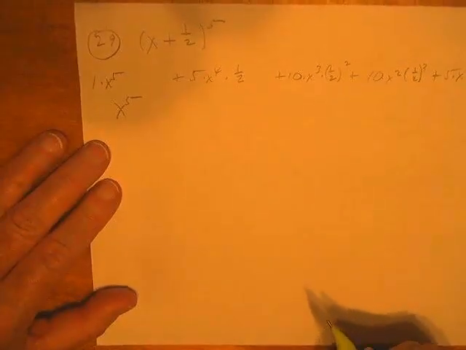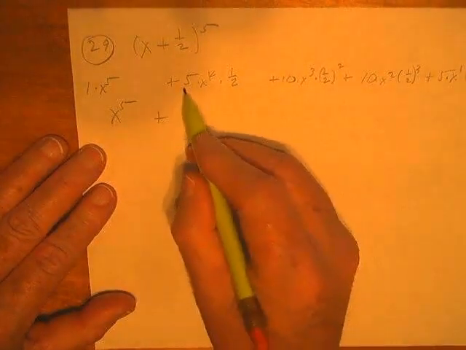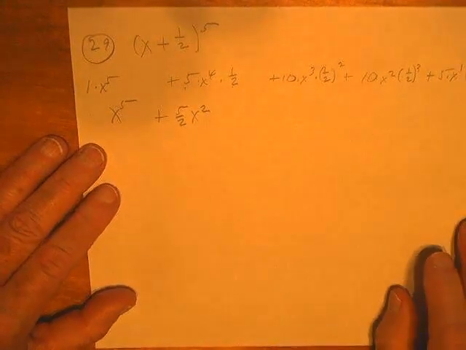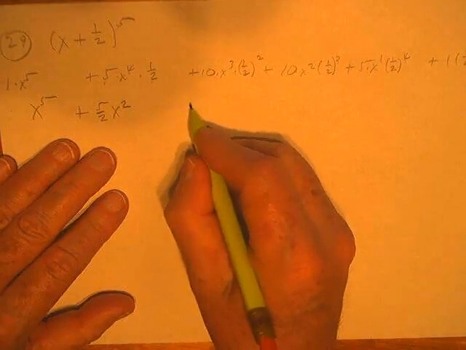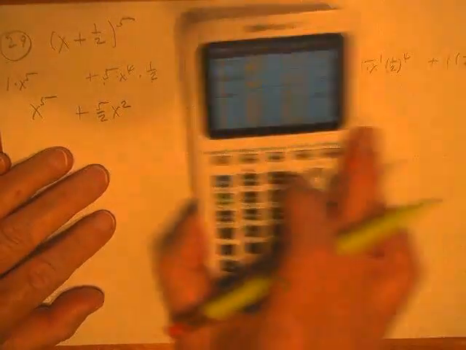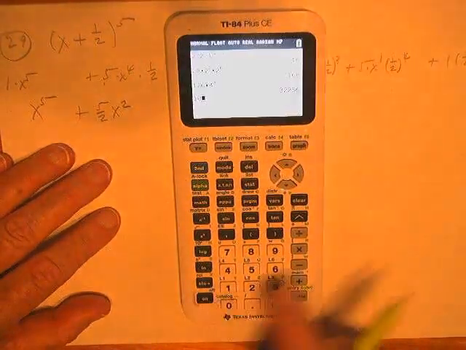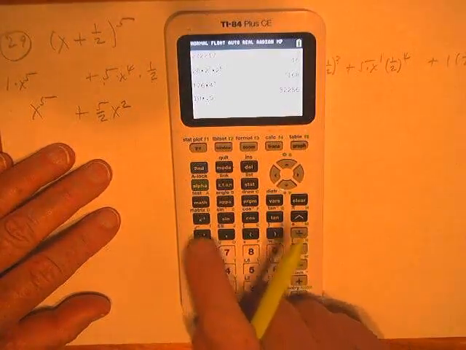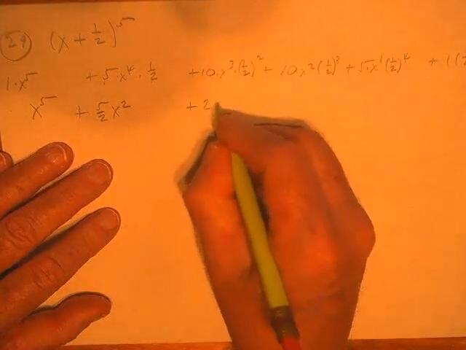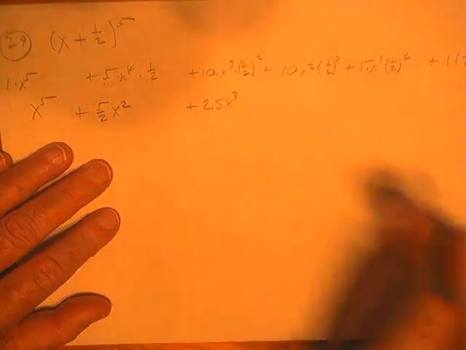That first term's not. Plus 5 times a half. How about just 5 halves? Make life easy on yourself. Plus, well, that's the 4th. This is going to be 5 halves too. But why don't you take things easy, 2.5. You can do a decimal right there if you want to. It's okay. It terminates.